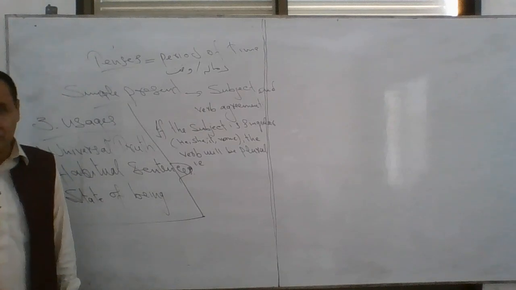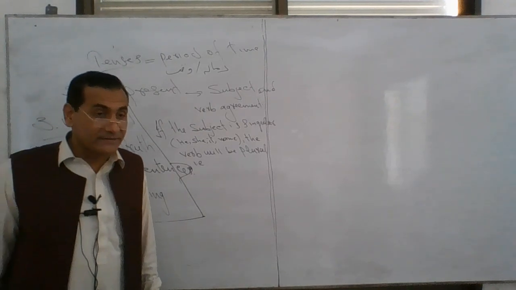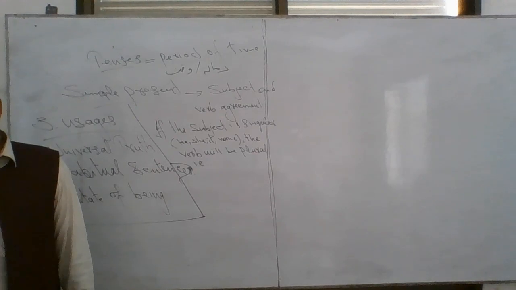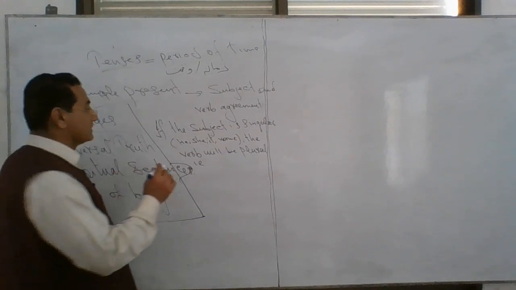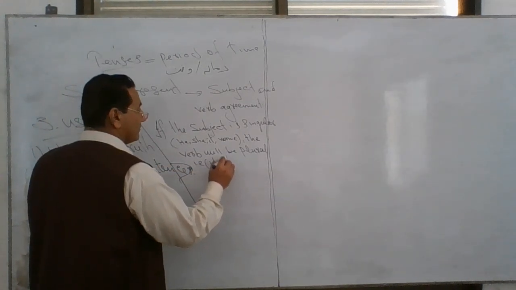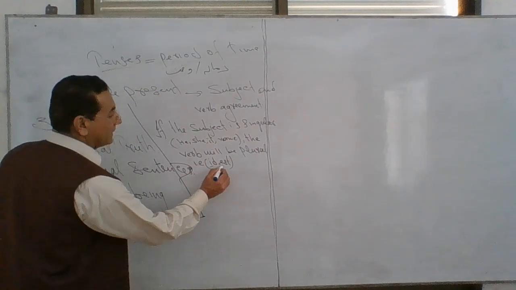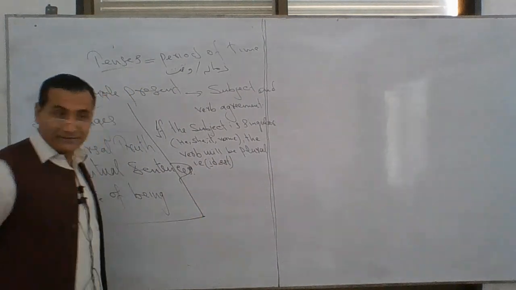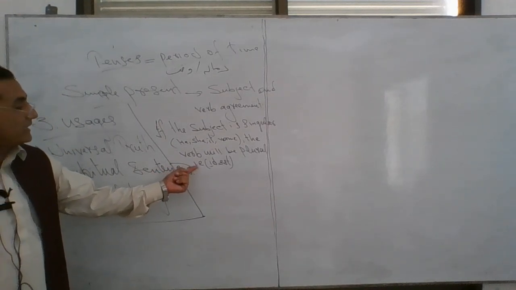IE, what do you mean by IE? It means "that is." These are abbreviated from Latin words. So this I and this E are taken from those words, and that is IE.